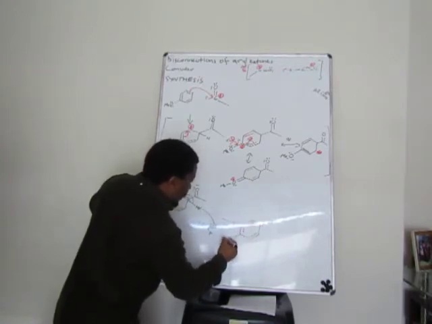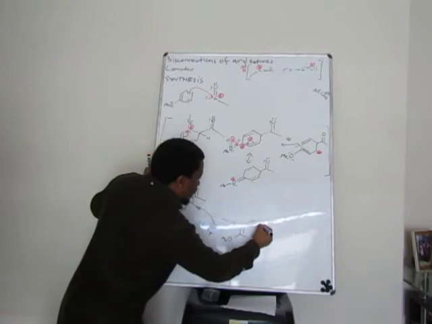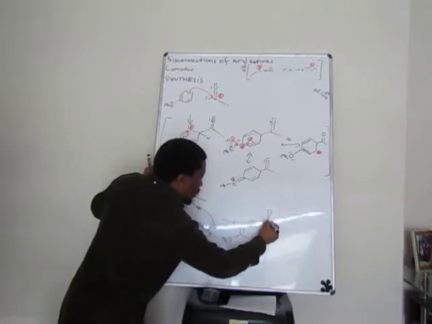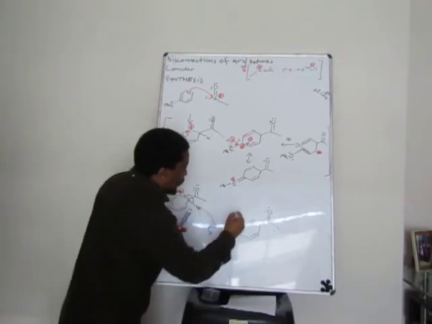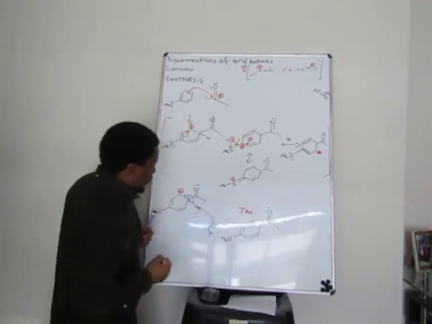There's your OMe here, 1, 2, 1, 2. This here, double bond O, this 1, 2, 1, 2. This now is your target molecule, right?